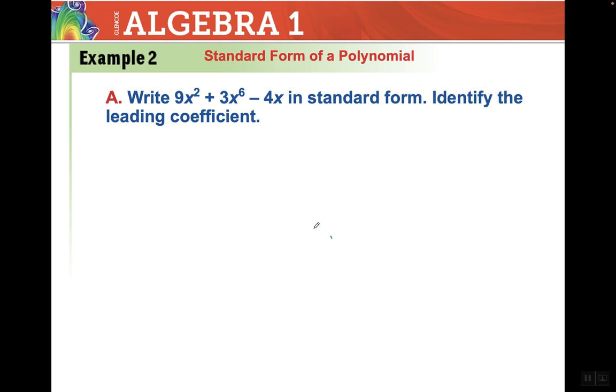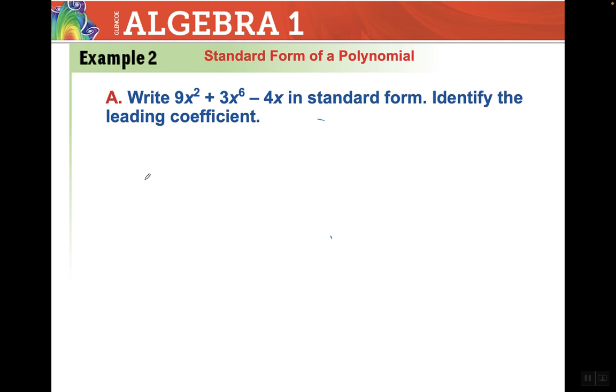All right, standard form is where you have to take the terms, the degrees have to go in descending order. So essentially you figure out the degrees of each term and then you go highest to lowest. You just rearrange it, okay? And then the one with the highest, the one that will be in front, is going to have a leading coefficient. So this term has a degree of 2, this has a 6, and this is 1.